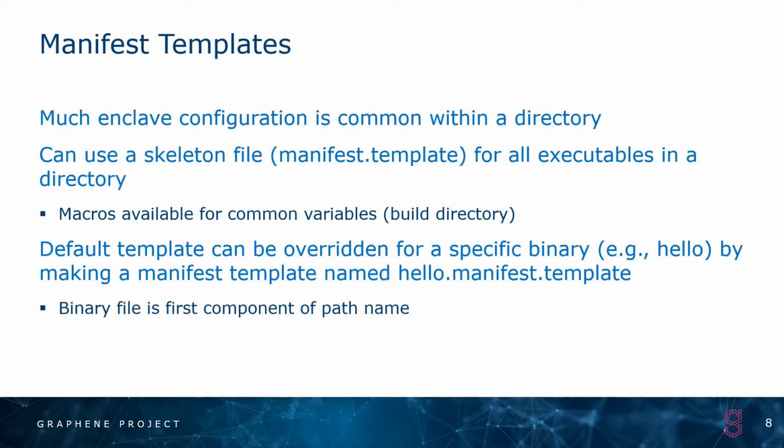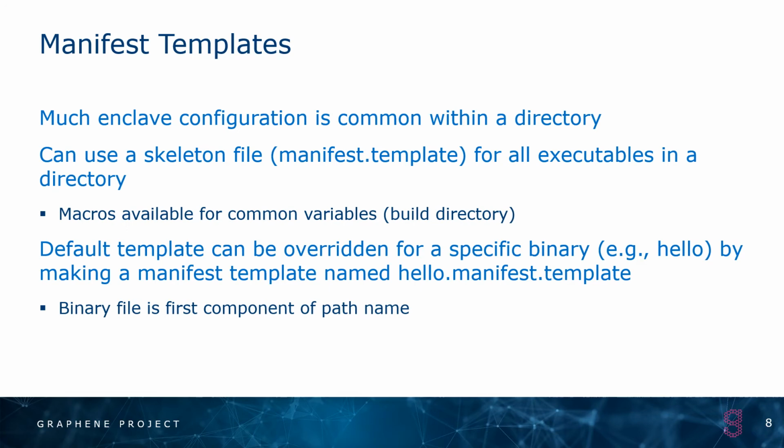One useful feature of our manifests is the ability to create manifest templates. For instance, you may have a directory with a lot of utilities that all have essentially the same configuration. One can create a skeleton file named manifest.template that covers all the executables in a directory. Our syntax also includes some macros to capture common variables, such as the location of the build directory.